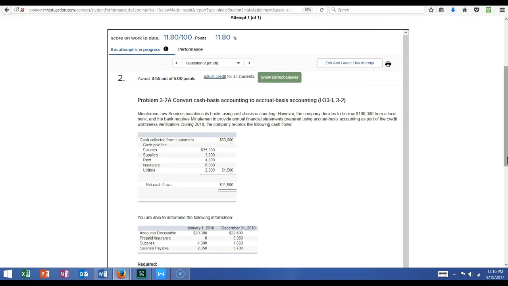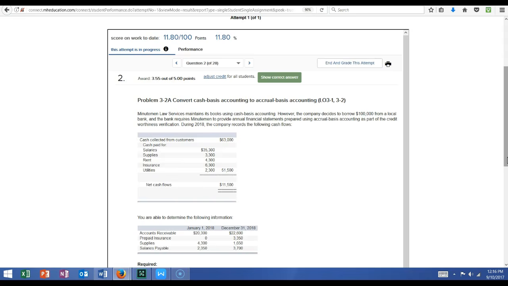So problem 2 says, convert cash basis accounting to accrual basis accounting. Minuteman Law Services maintains its books using the cash basis of accounting. However, the company decides to borrow money from a bank and they want financial statements prepared using the accrual basis of accounting.